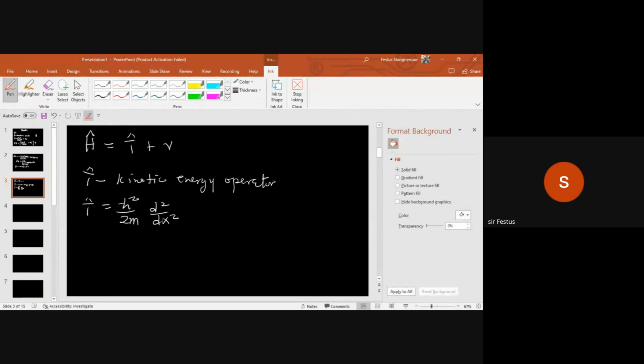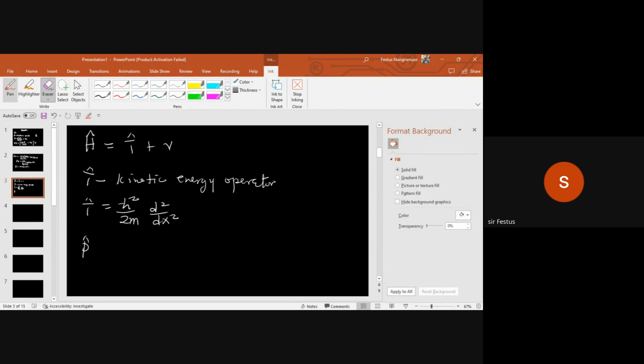Now, you and I know from classical mechanics that we can transform kinetic energy to be dependent on momentum. So that is where these things are coming in. When you know the momentum operator, P cap, let me write that before I define it.